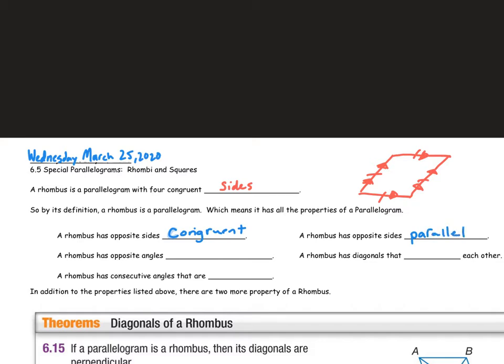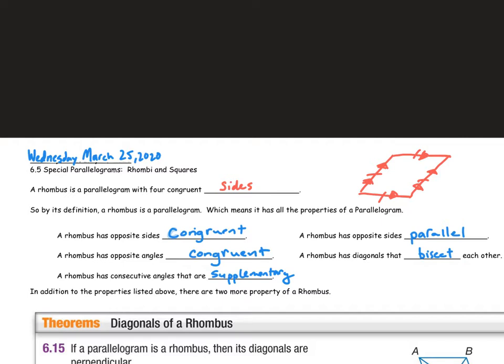A rhombus has opposite angles congruent. A rhombus has diagonals that bisect each other. And a rhombus has consecutive angles that are supplementary. So a rhombus has all of the properties of a parallelogram.